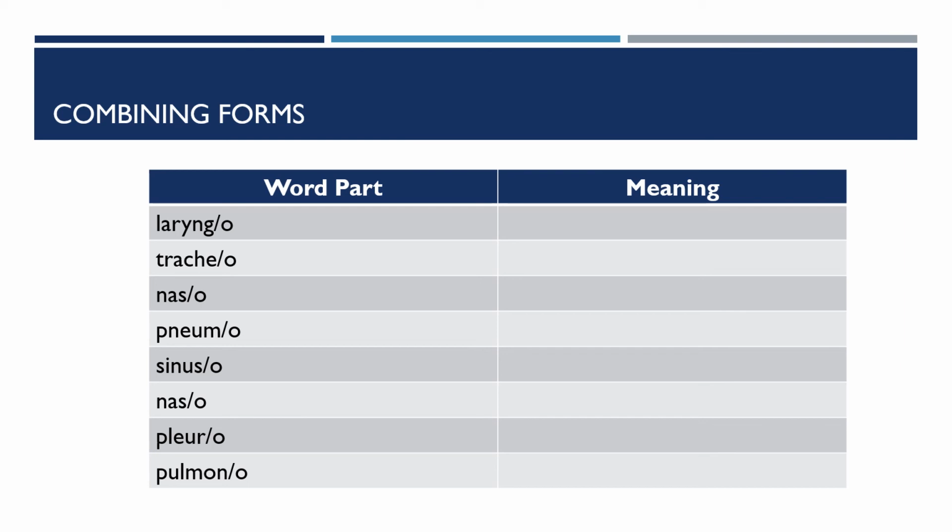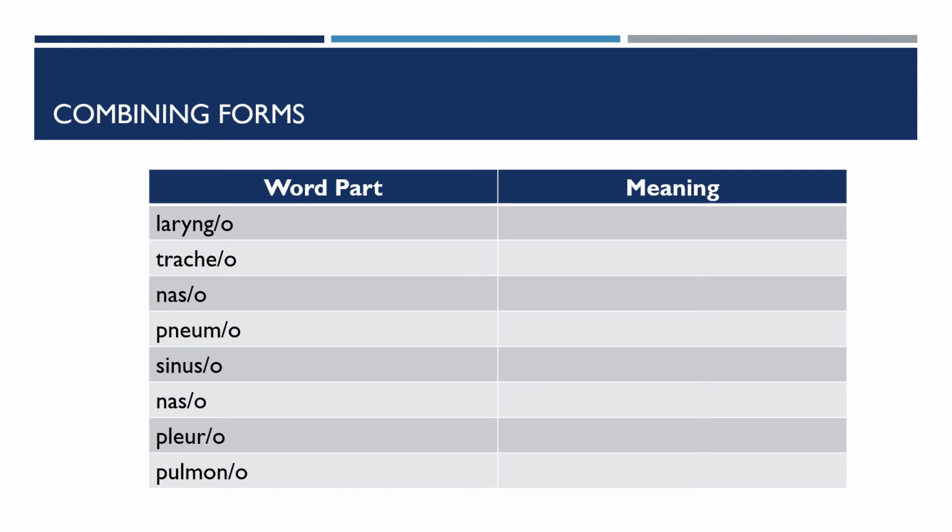So just as a review of some of the combining forms that we talked about when we're talking about structures of the lungs, do you remember what each of these means? Laryngo, larynx. Tracheo, trachea. Naso, nose.